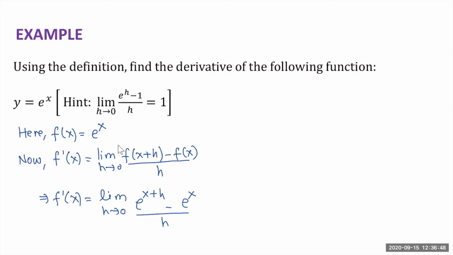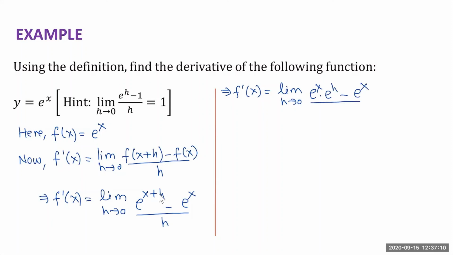Okay, now let's go to the next step. So the derivative, I'm writing it as f prime of x, is equal to the limit as h approaches 0. Now e to the x plus h is e to the x multiplied by e to the h, minus e to the x, divided by h.